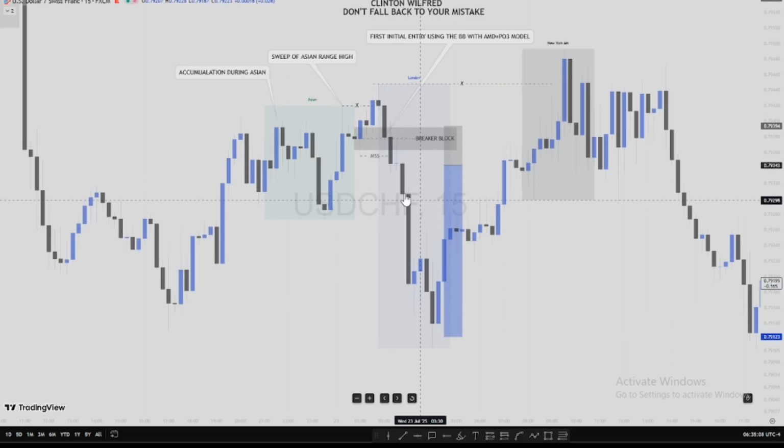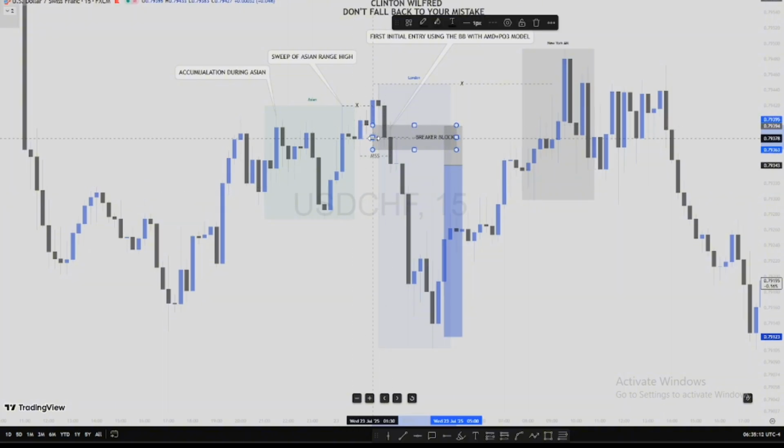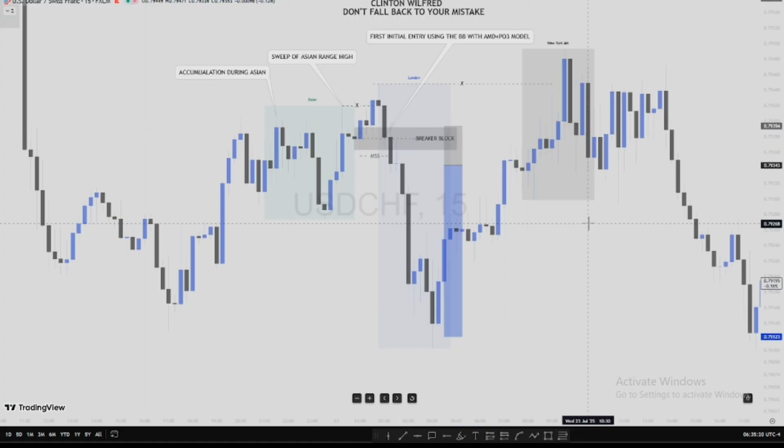Then you mark out the highs and the lows of that last down close candle, drawing it out to the right hand side.